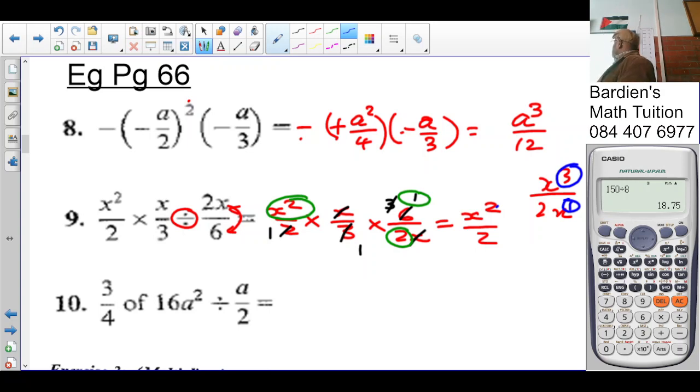So that's what I'm telling you now. When you're dividing and the bases are the same, what do you do with the exponents? Subtract. So 3 minus 1 is 2. So if you're going from there to there, yes, that is correct, but you must simplify to get that answer. You understand? You must take it a step further. What don't you understand, Michael?